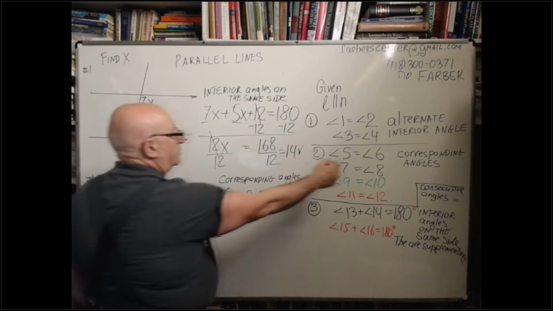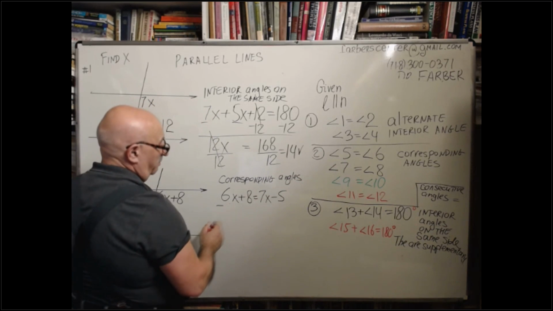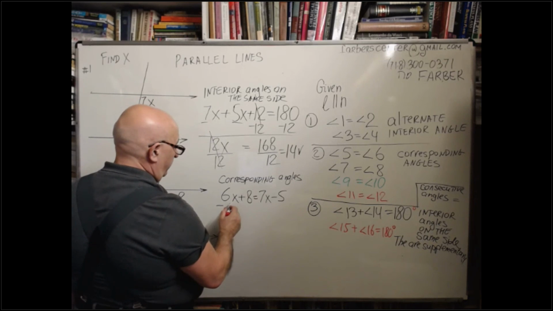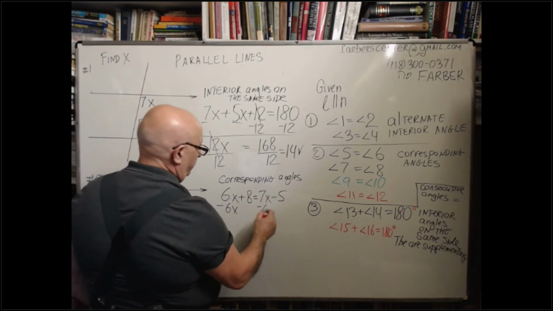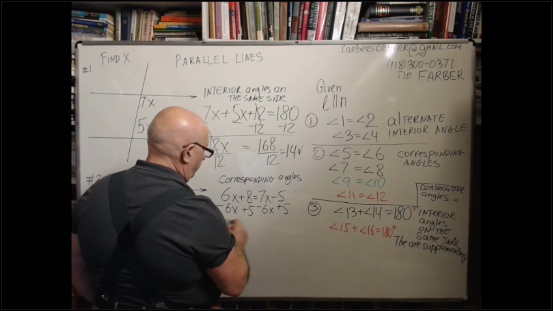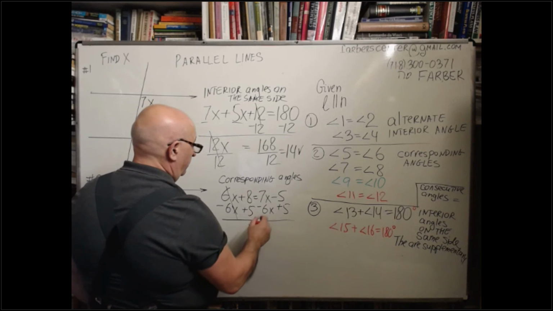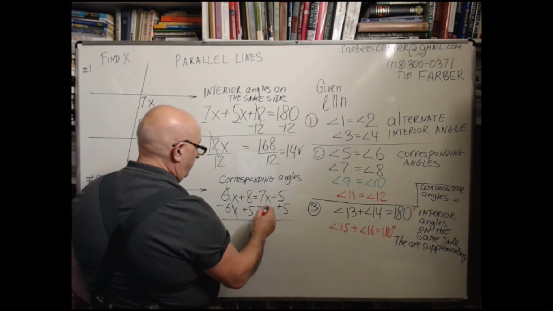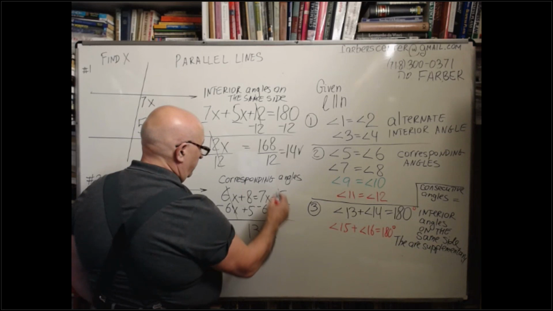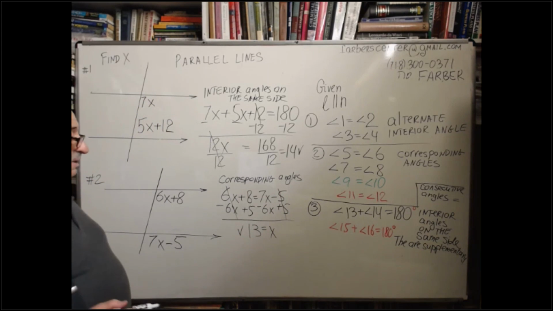Because they are equal to each other. Property of corresponding angles. Minus 6x and minus 6x, plus 5 and plus 5. Cancel out. 13 equals 7x minus 6x, which is x. X equals 13. That's it. Was it difficult?